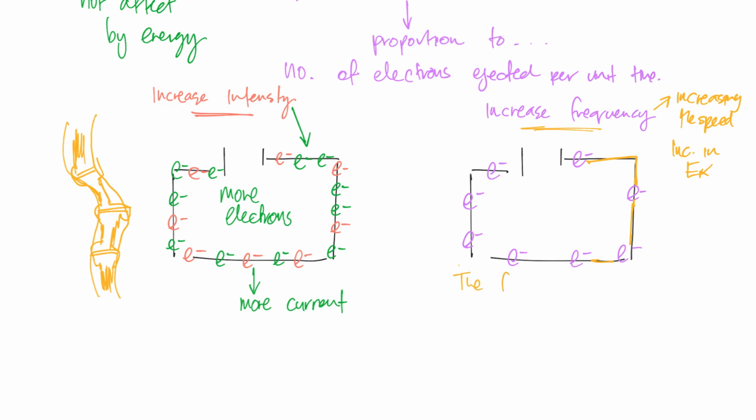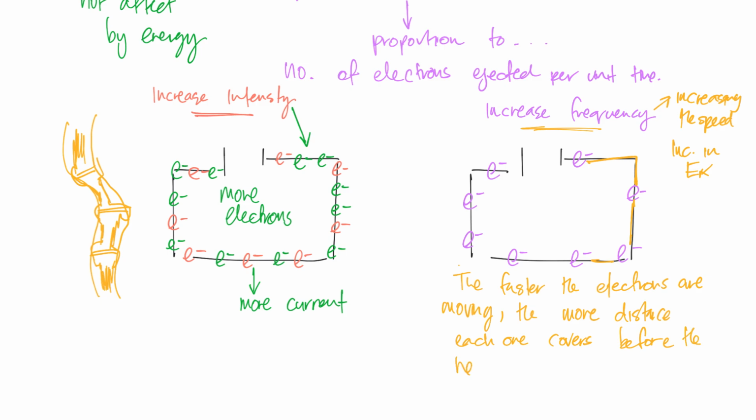the faster the electrons are moving, the more distance each one covers before the next one is ejected.